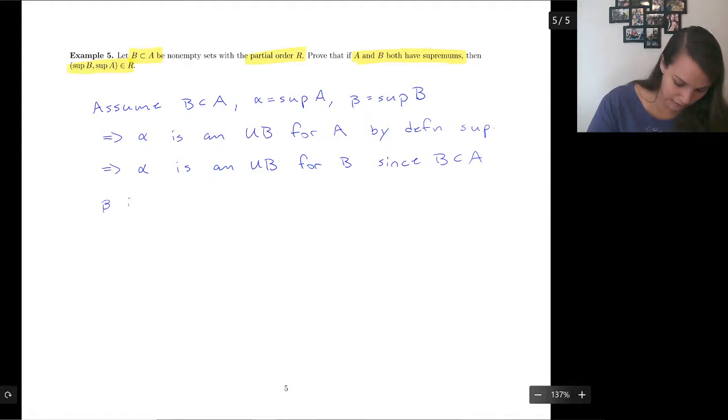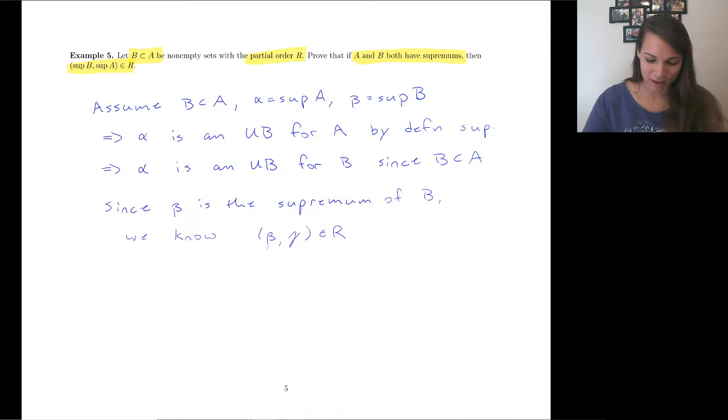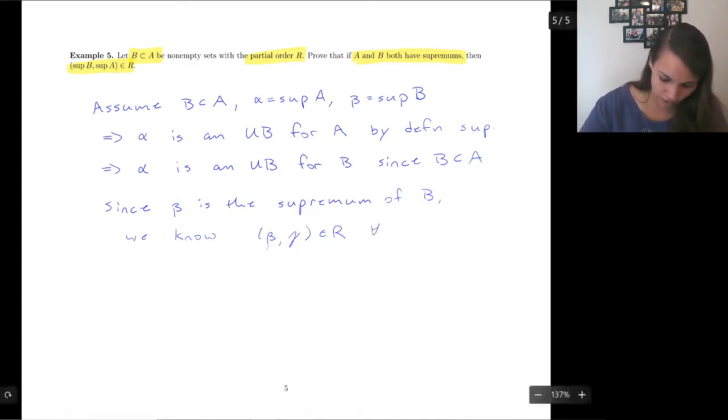Since beta is the supremum of B, we know that beta is related to gamma for all the other upper bounds.